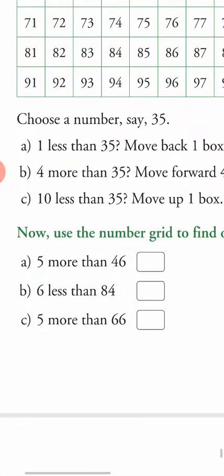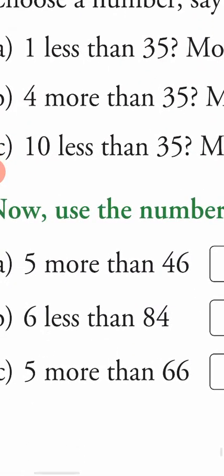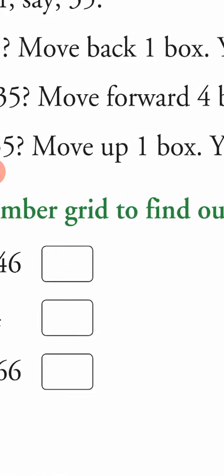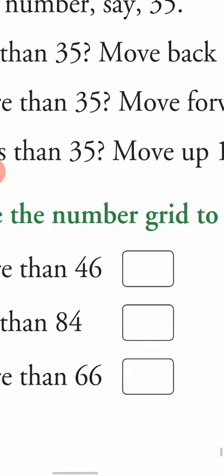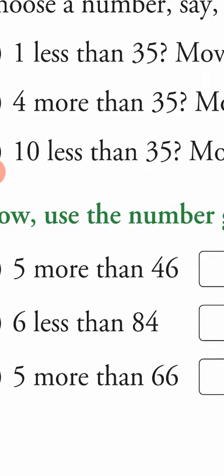Now move towards the last C part of this question, which is 10 less than 35. Now we have to move up one box. You reach. Now what you have to do? You have to do 10 less than 35. And in subtraction we have seen that if we are to subtract 10, then our digit which is given at the tens place will be decreased by 1.